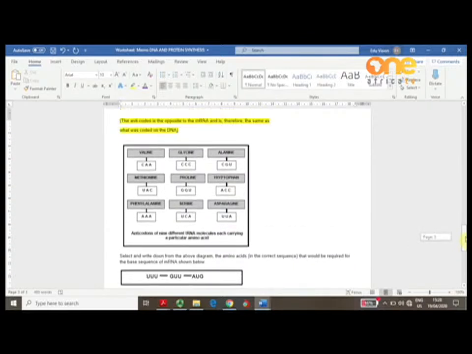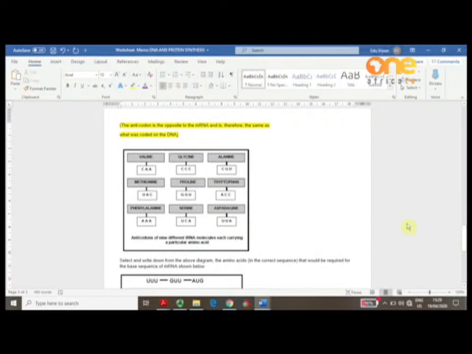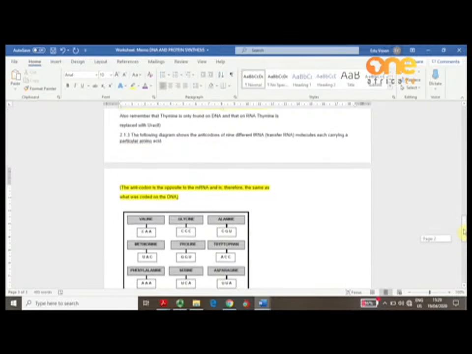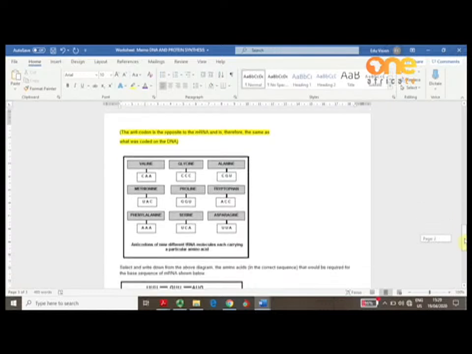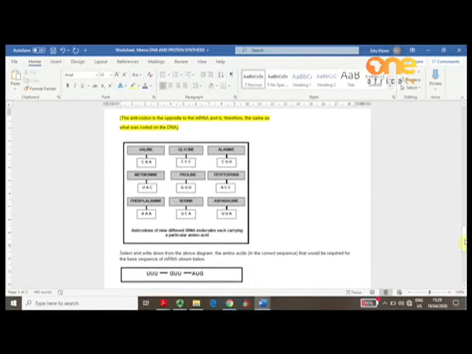So, in this question shows the anticodon of 9 different tRNAs. Select and write down from the above the amino acid that would be required for the base sequence of mRNA.